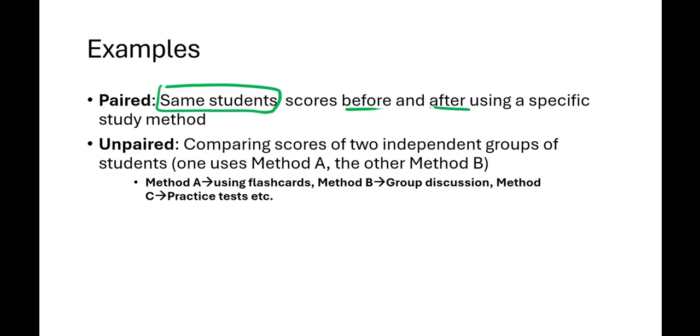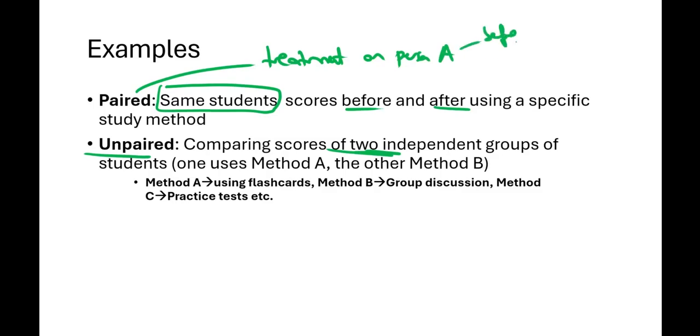Unpaired means that we compare 2 different groups. For example, you check a treatment on person A before and then after. This is paired, so you have the same population for the test.